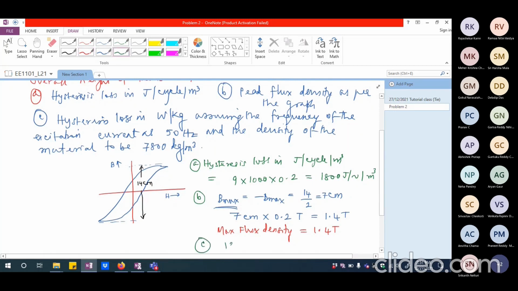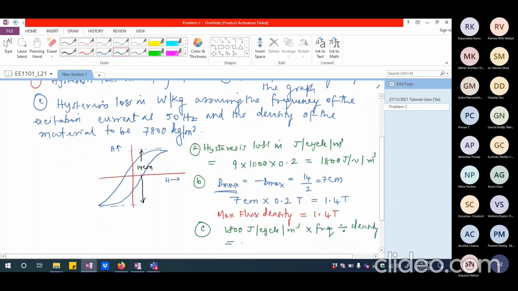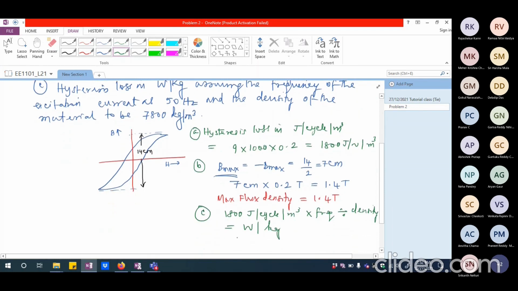Okay. Now part C is similar to what we did in the last problem. So 1800 joules per cycle per meter cube has to be multiplied by the frequency and divided by the density to ultimately obtain the losses in watt per kg. So we can calculate this as 1800 multiplied by 50 divided by 7800.